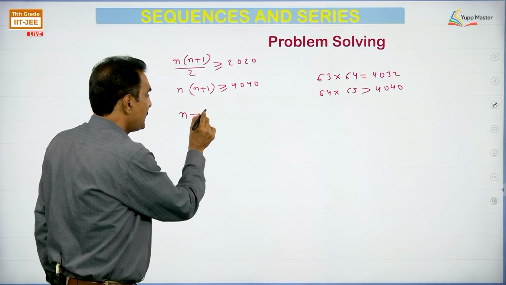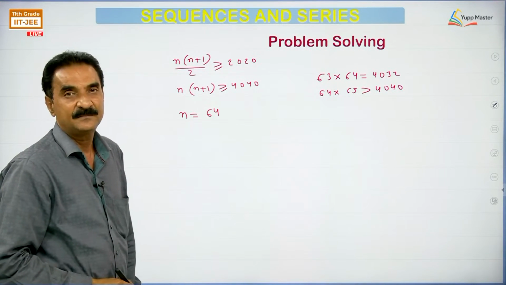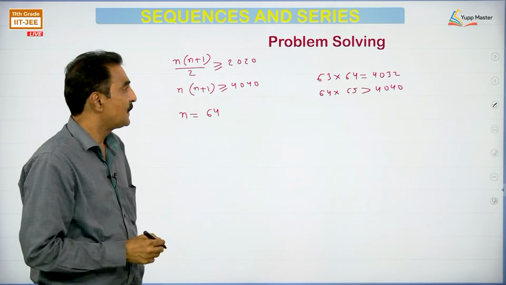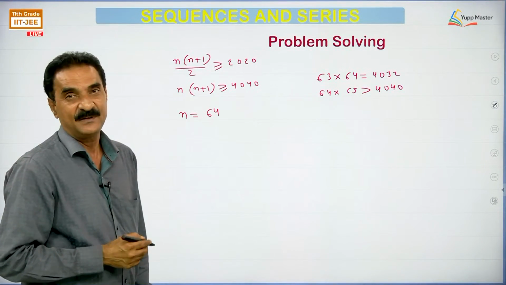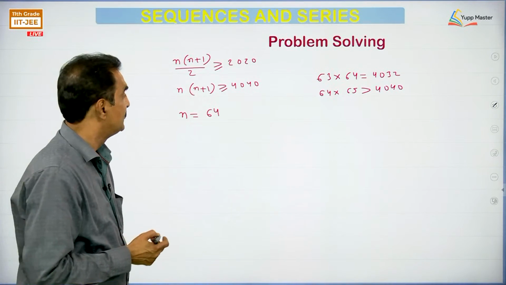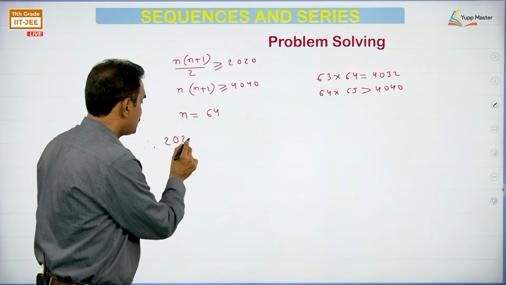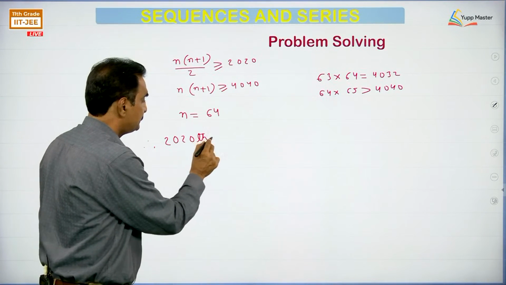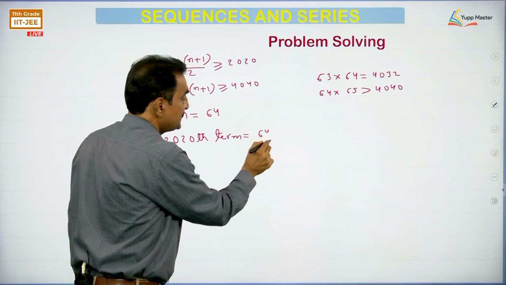Therefore, we will take n is equal to 64. So, the 2020th term in the sequence is 64.